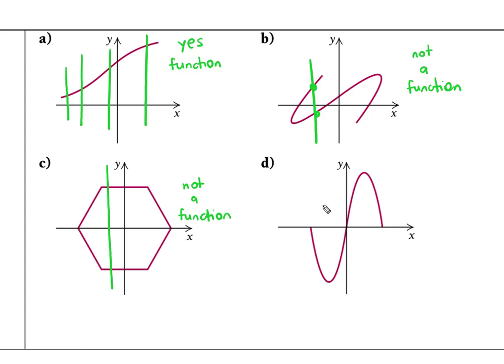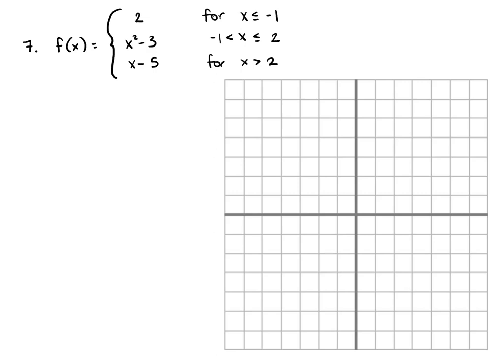But when I look at d, anywhere where I draw a vertical line will intersect that graph only once. And so that is a function. So that vertical line test is a quick, easy, visual way to see if there's more than one output for any given input.